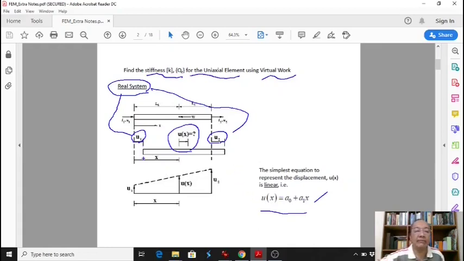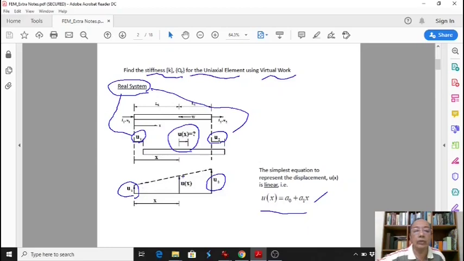If we plot the graph, at this point the displacement is U1, at the other end it is U2, and at another place it is U of x.